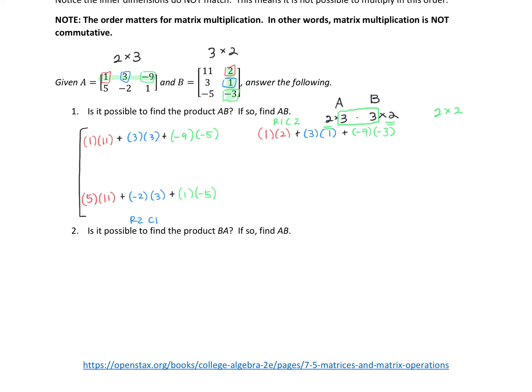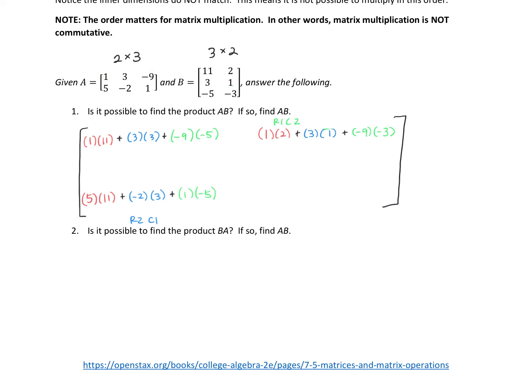And I'm going to erase some of the stuff I had from earlier because it's just getting in the way. There we go. Okay. And now I need to have my second row and my second column. So that's what I'm going to work on next.